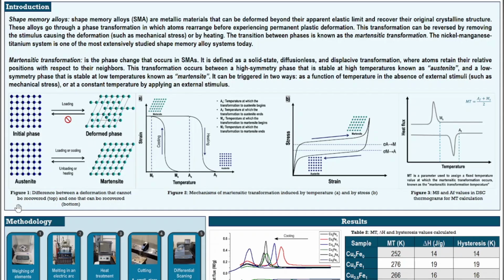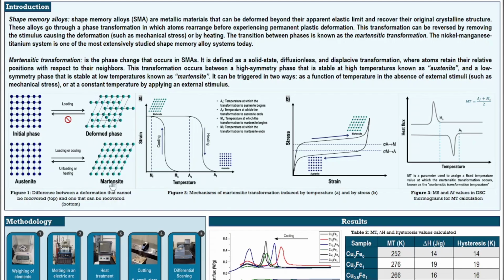Now, the name of this phase change is martensitic transformation, and it's defined as a solid state transformation, diffusionless, where atoms keep their neighbors at the same distance but change the way they are arranged.